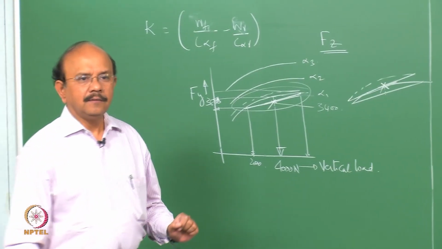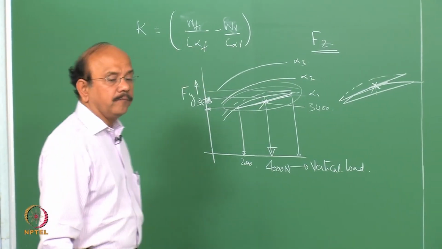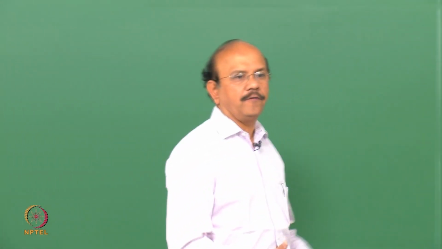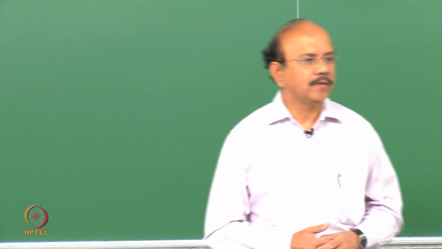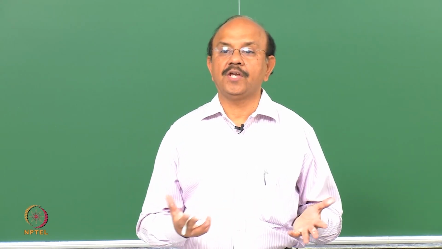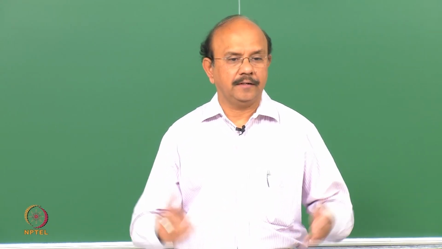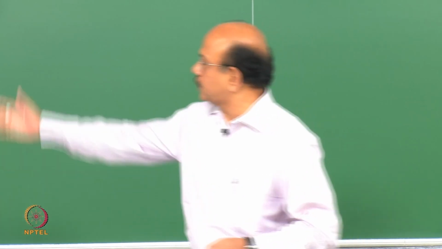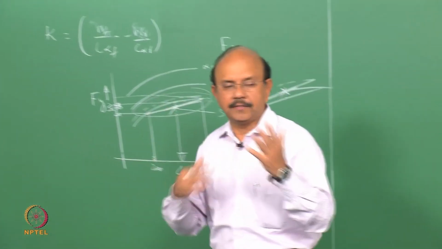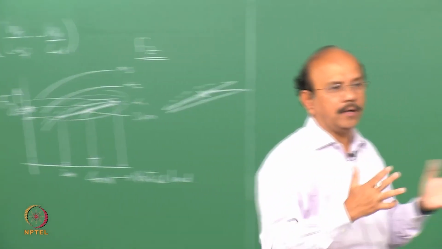Now look at that closely. When there is a change in alpha f and alpha r, that is going to produce a change in the understeer gradient. Because after all, that is alpha f minus alpha r. Remember, our delta is equal to alpha f minus alpha r plus L by R and so on.